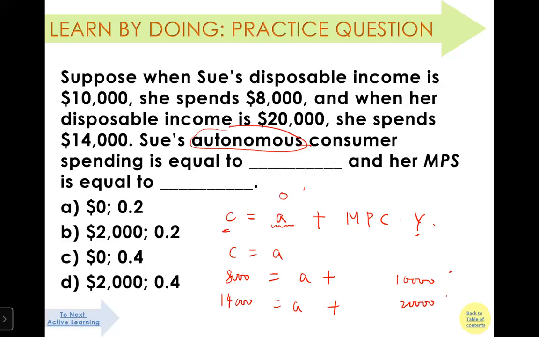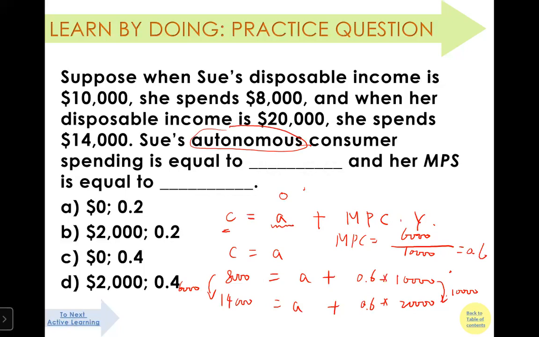By looking at the changes in consumption and the changes in income, we immediately know MPC. Like I explained to the class, the difference in income is 10,000 and the difference in consumption is 6,000. So MPC equals 6,000 divided by 10,000, which equals 0.6. Then you just put 0.6 here.